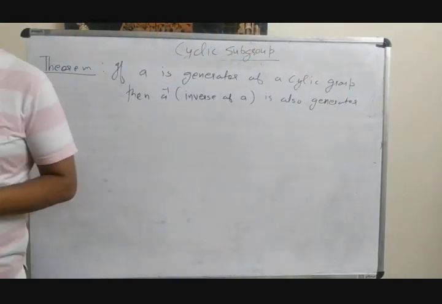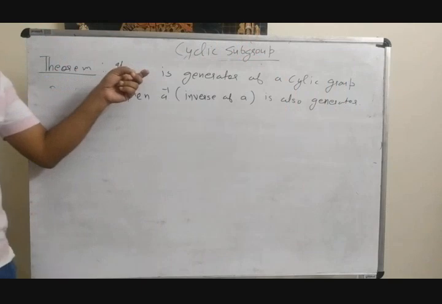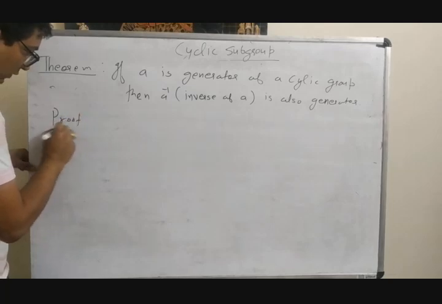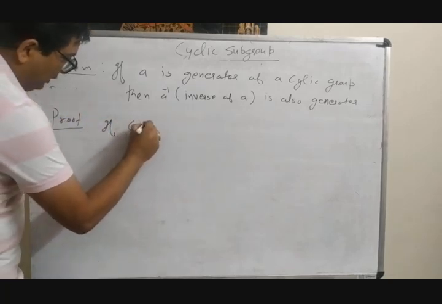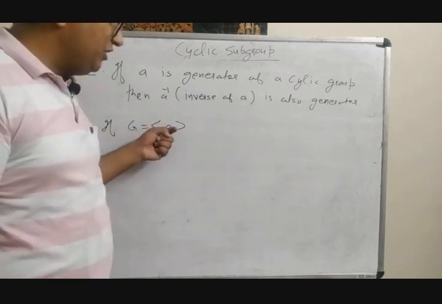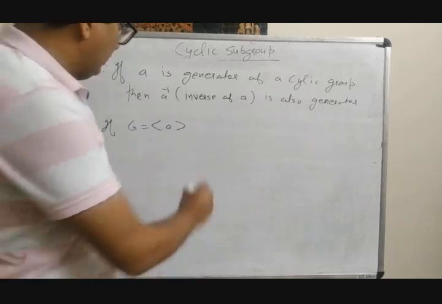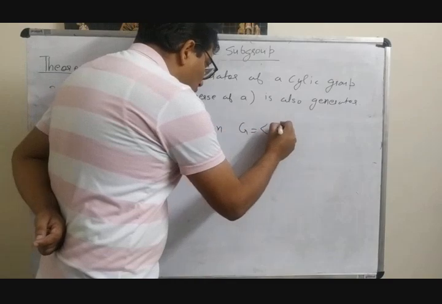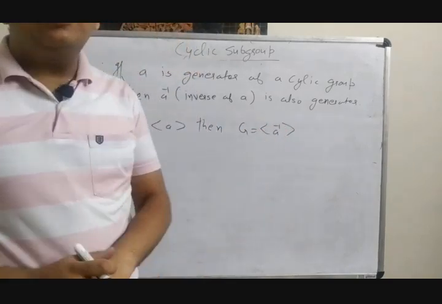So what we want to prove is that if G is equal to the group generated by A, it means G is a group generated by A, then G is also equal to the group generated by A minus 1.